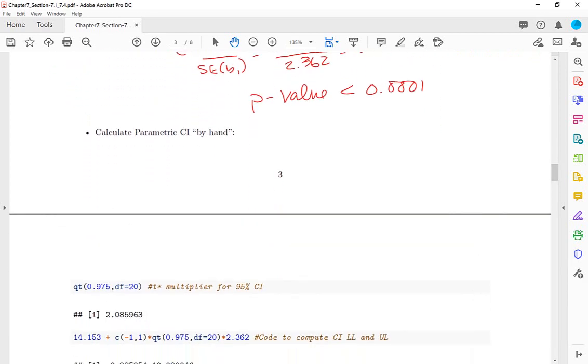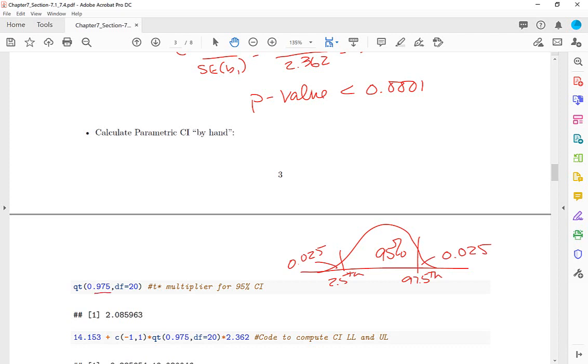Notice here that we have code from R showing the quantile for 0.975. So this is finding the t-star multiplier for a 95% confidence interval. When we look at our t distribution, 95% would be within the 2.5 percentile and the 97.5 percentile.